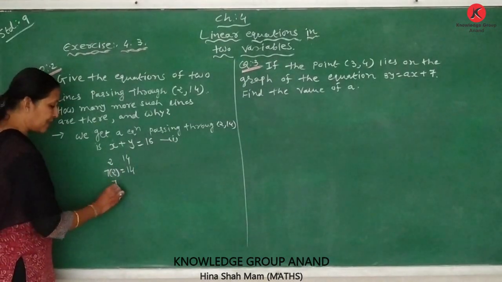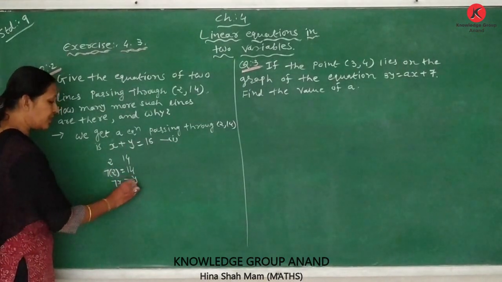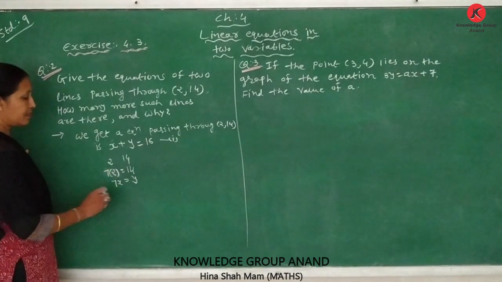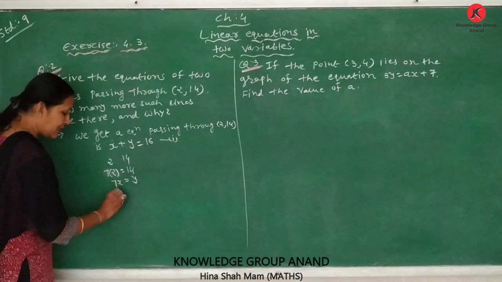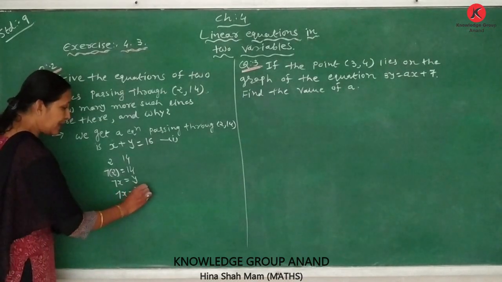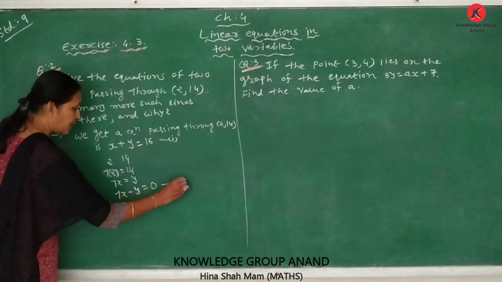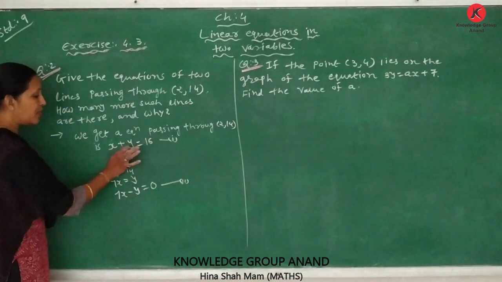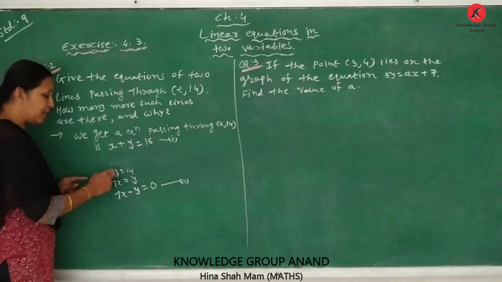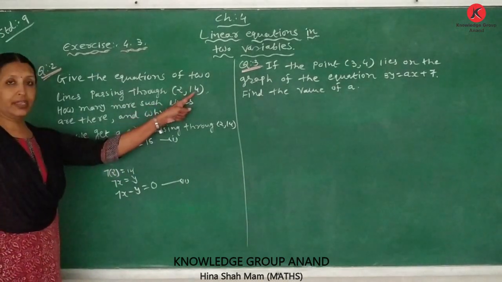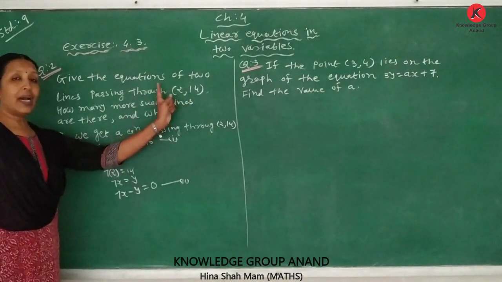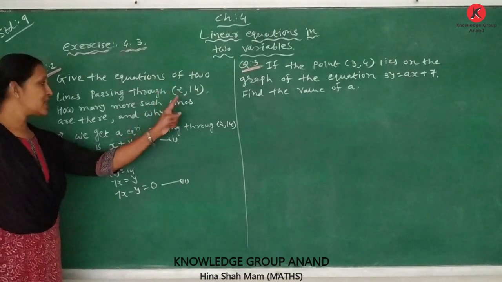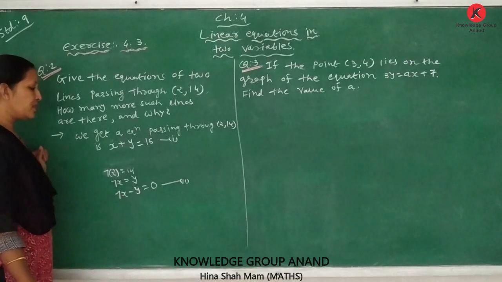Therefore we write 7x is equal to y. We prepare this equation: 7x minus y is equal to 0. Our second equation.